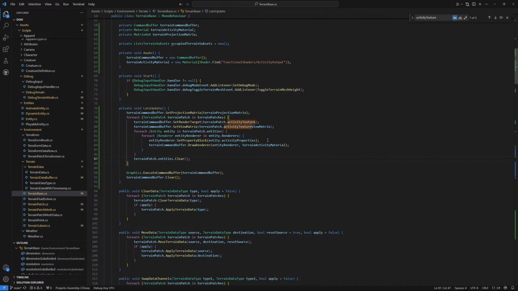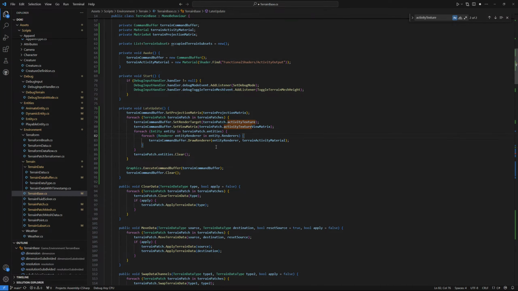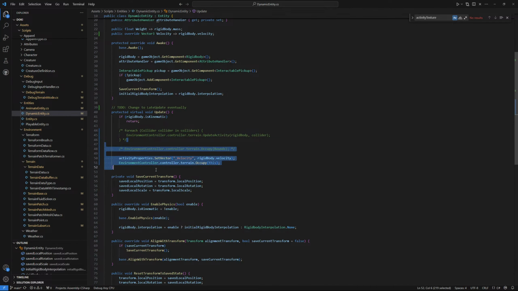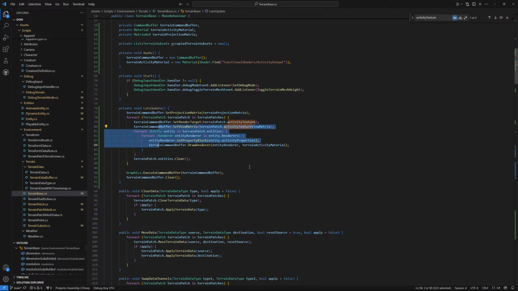Not a very big fan of that, but I mean, we could do it here. Otherwise we would need to loop through entities here, and then we loop through entities here as well.